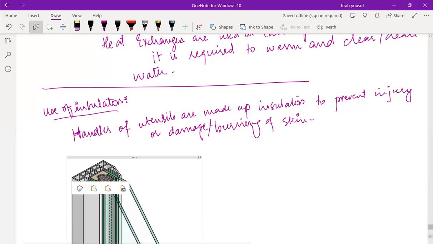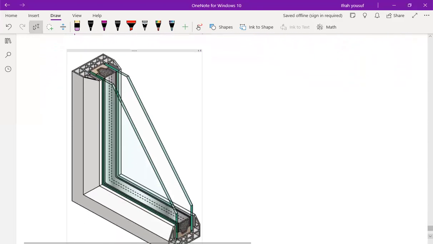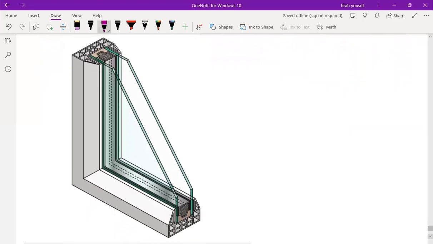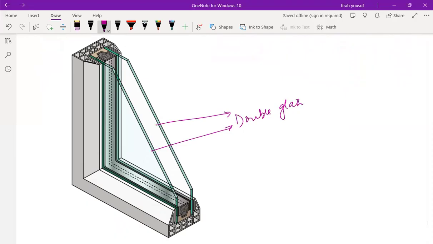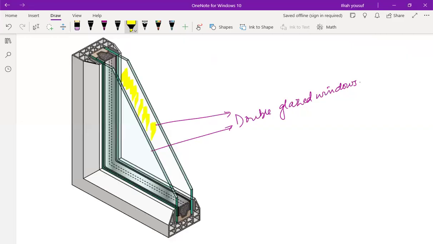Now you can see the double glazed windows. This thing. So the two-sided windows, right? So the air is trapped. Air is trapped between these two glasses, right?